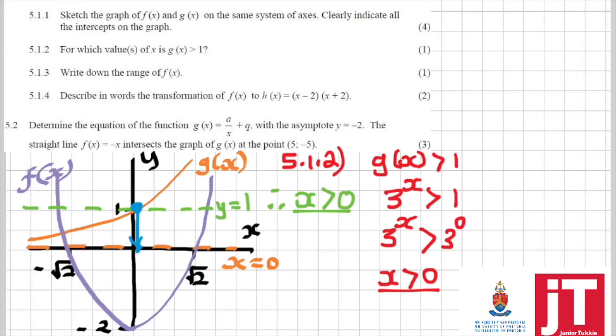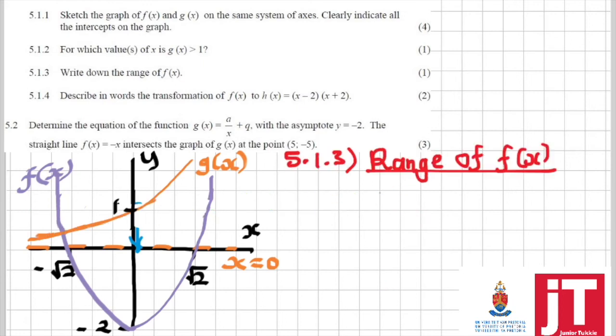We proceed to the third question, where we're required to find the range of f of x. Range assumes y values, and to get the range, remember, we always consider the lowest value of y, which is your q value. So for the range of that graph, the lowest value is minus 2.